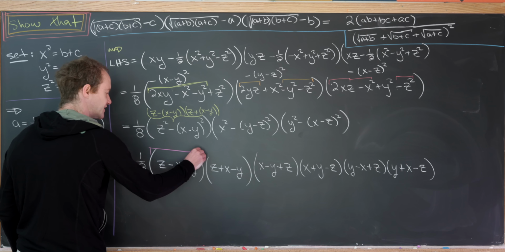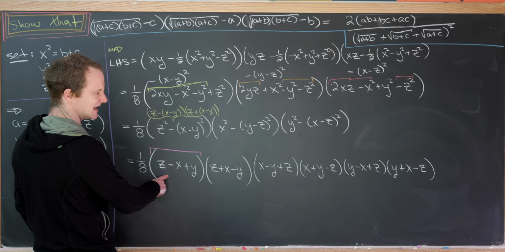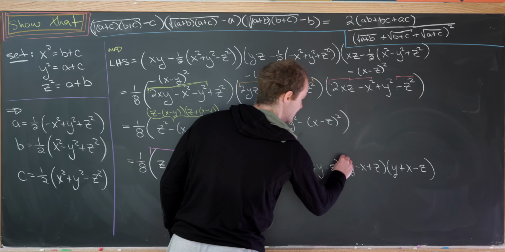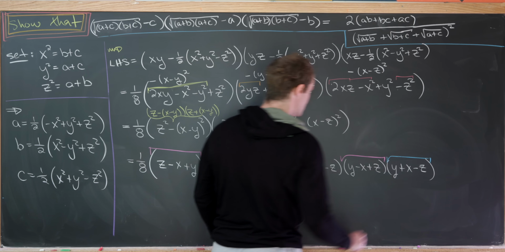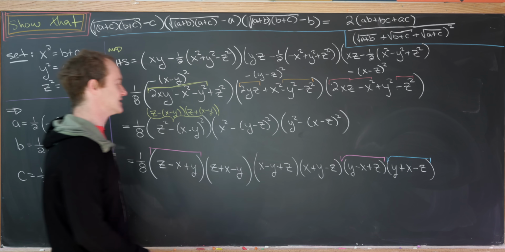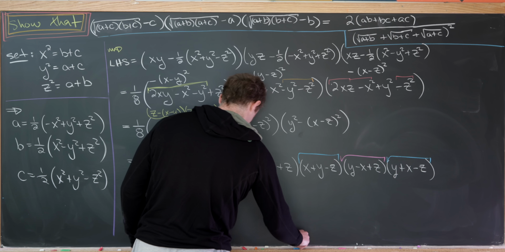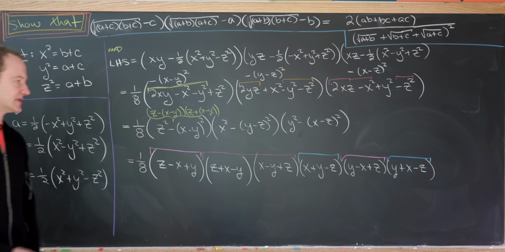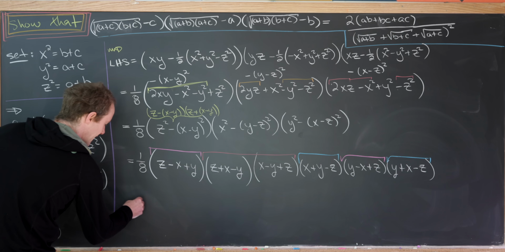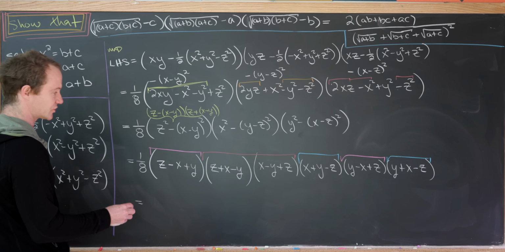This magenta overlined object is exactly the same as this magenta overlined object. Similarly, this blue overlined term is the same thing as this blue overlined term, and these two red overlined terms are exactly the same. So that allows me to write those as squares.